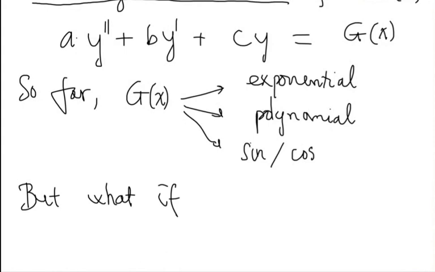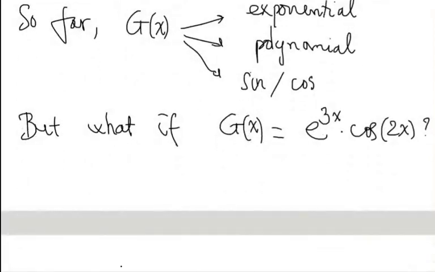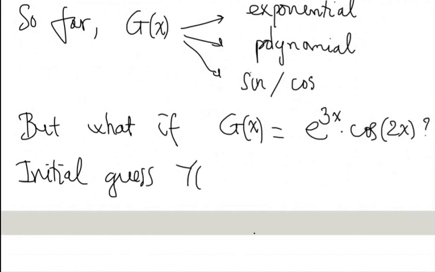What if g(x) is more complicated, like exponential multiplied by, say, like this, e to the 3x cosine 2x? It is the product of two things, exponential and cosine. So what is the initial guess we should have for capital Y?